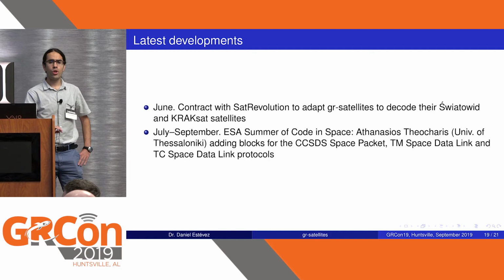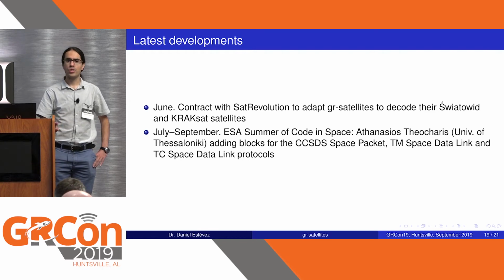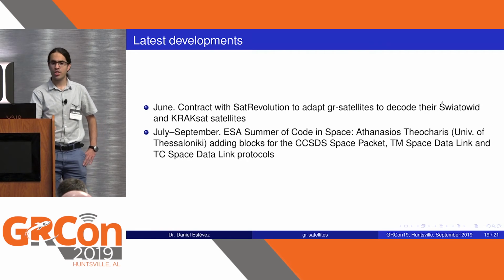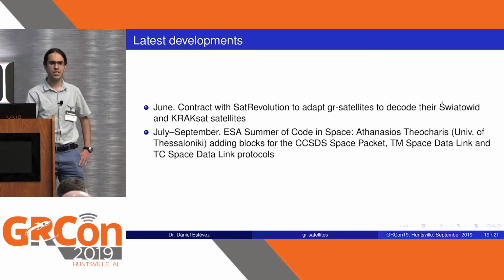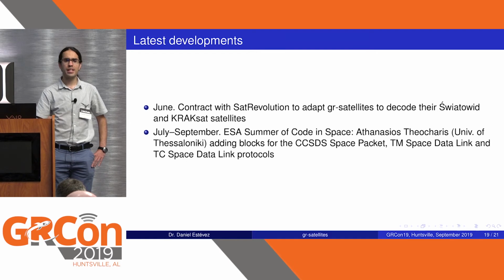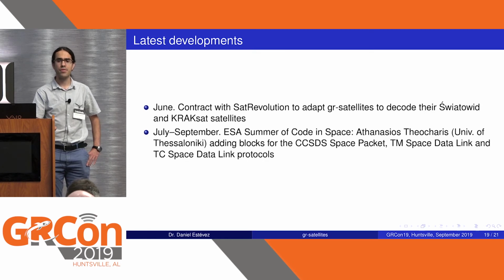Of course, this is not my main goal when developing GR satellites, to work freelance for companies. As I said, I do this for fun, for learning, and also so that anyone can decode amateur radio satellite signals. But I think that this shows that GR satellites has become a useful tool also for companies, and that since there are already many things implemented in GR satellites, this lowers the development costs significantly.